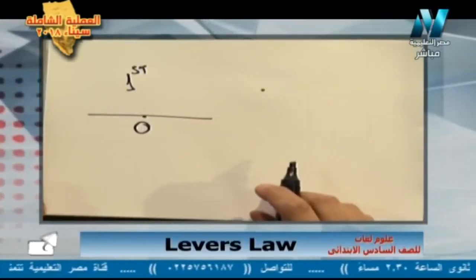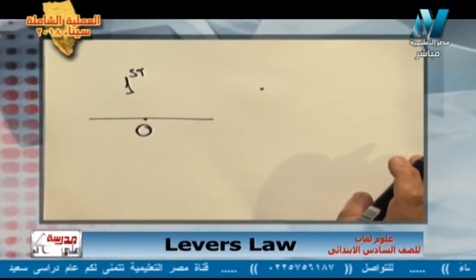Let me revise what we studied in the last 2 episodes. We studied the 3 types of lever. In first class lever, it contains O, the fulcrum, in the middle between effort force and resistance force.